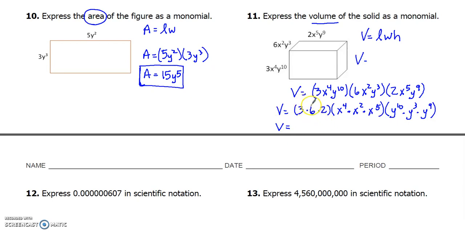So 3 times 6 is 18, and then 18 times 2 will give us 36. But when I have exponents, if my bases are the same and it's multiplication, I add the exponents. So I am going to have 4 plus 2, which is 6, plus 5 will be 11. And then my y's, I will have 10 plus 3, which is 13, plus 9, which gives us 22.